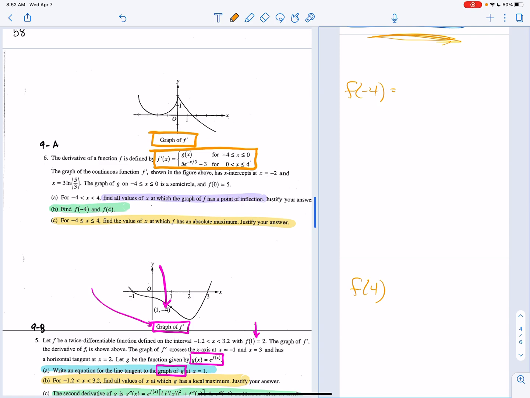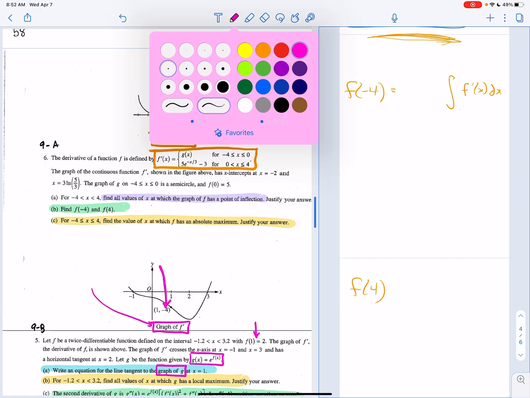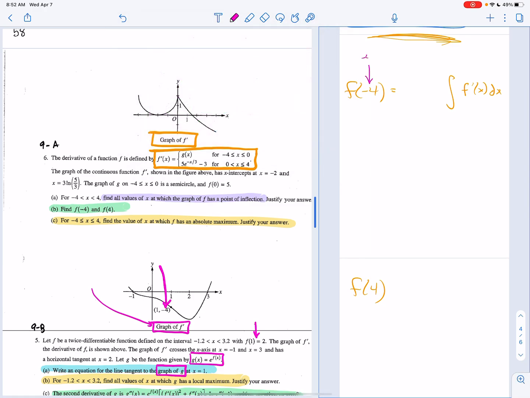So here, we're going to set it up like an accumulation problem. Check it out. We're going to go ahead and integrate f prime. What we want is negative 4, right? What we want needs to go upstairs, so negative 4 goes here. What we're given goes down here.